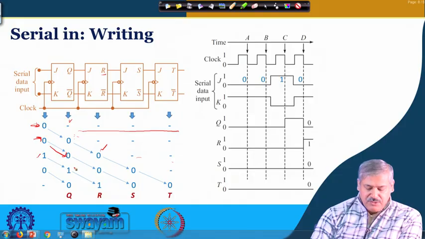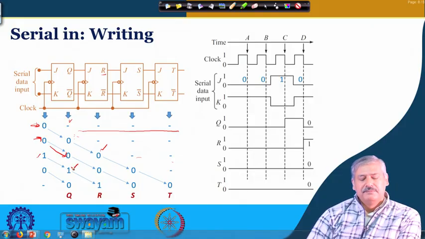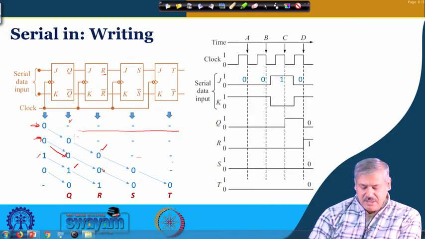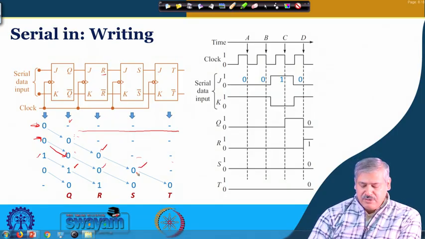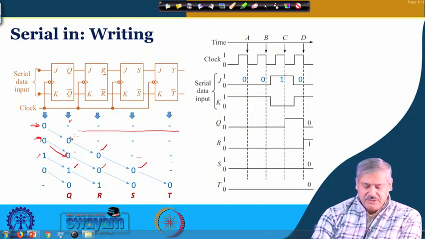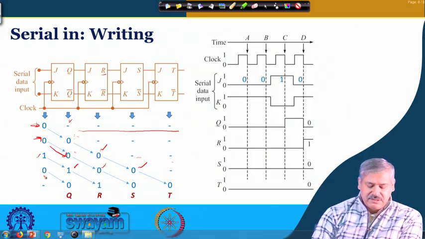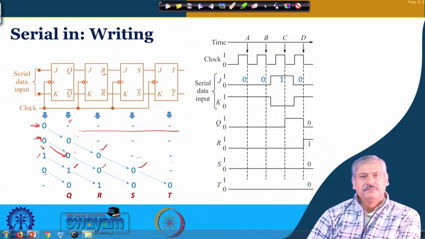With the next clock trigger, 1 comes here, right, and this 0 comes over here and this 0 comes over here. Okay. So, S now has got 0, R has got 0 and Q has got 1, and before the next clock trigger occurs, 0 is presented at the input.